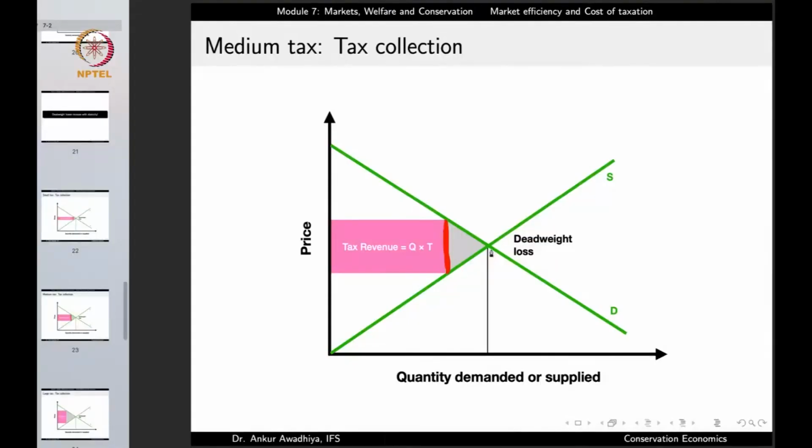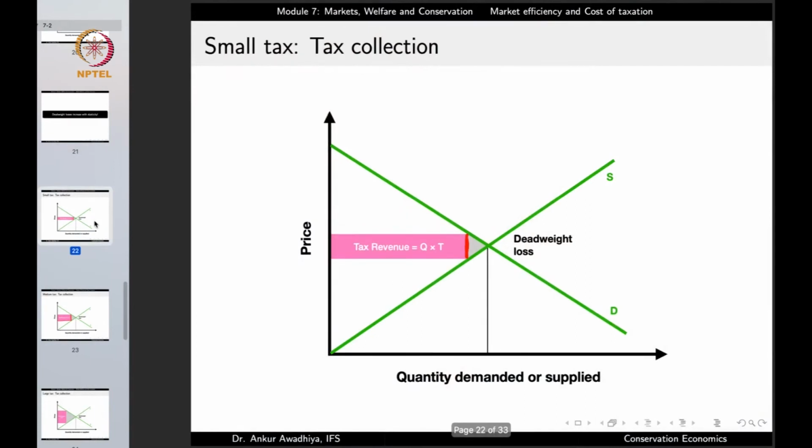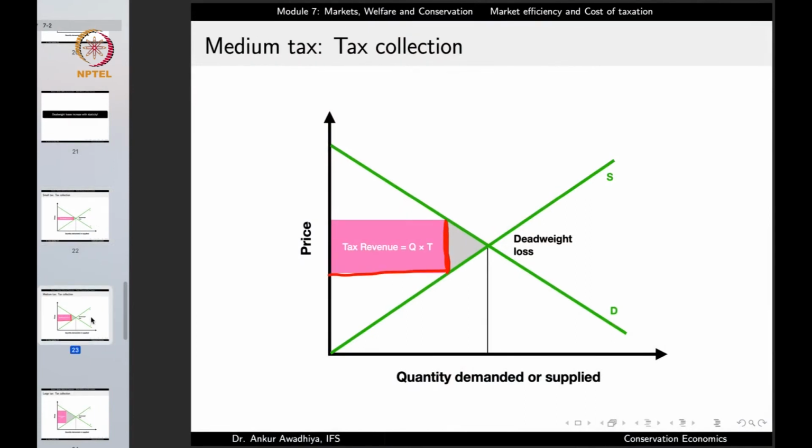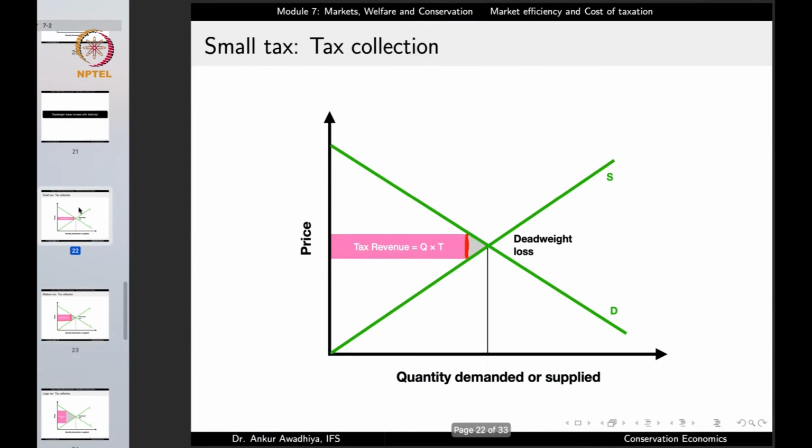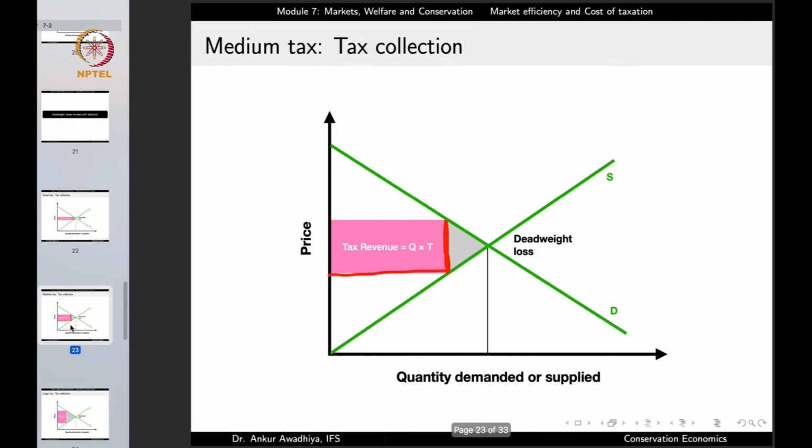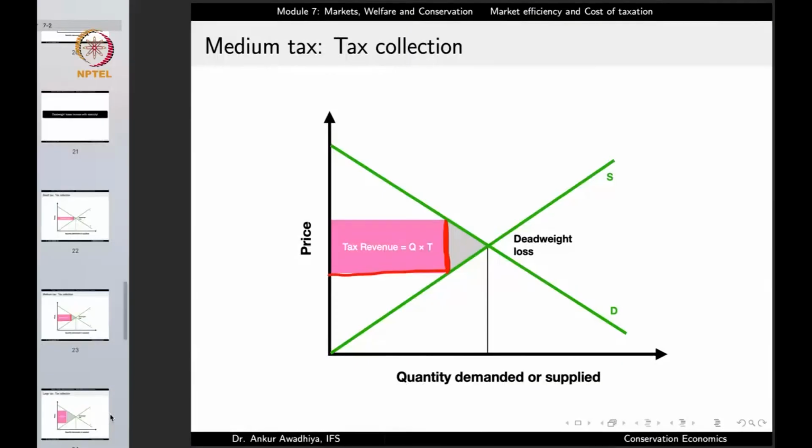So less quantity of goods will be sold in the market, which is what we are observing here. When T has increased, the Q, which is given by this much length, decreases. So earlier we were having a larger Q, but now we have a much smaller Q. So Q reduces. But the total tax revenue has increased because the pink colored rectangle before has a smaller area as compared to this rectangle. So when the T is increased, Q reduces, but Q into T still increases.